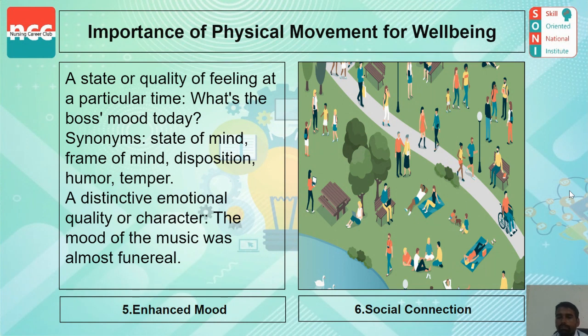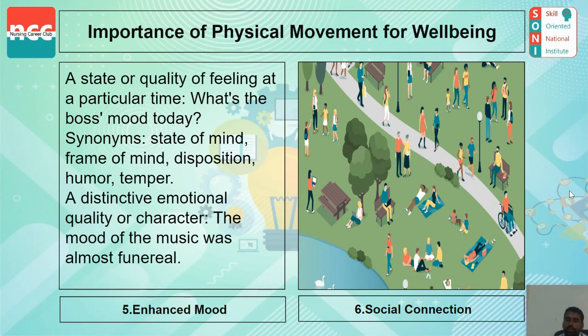If we meet with our friends in a park and we play various games, and when we go to office, then we see our colleagues and we also talk with them and spend our day with our day work.